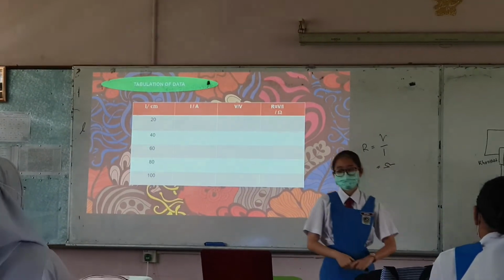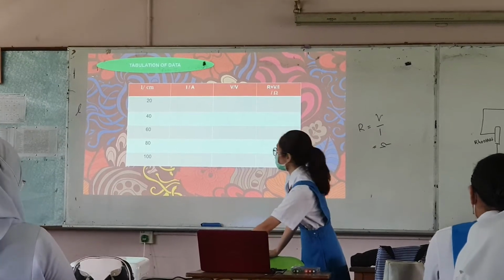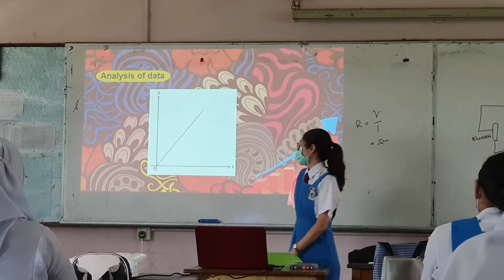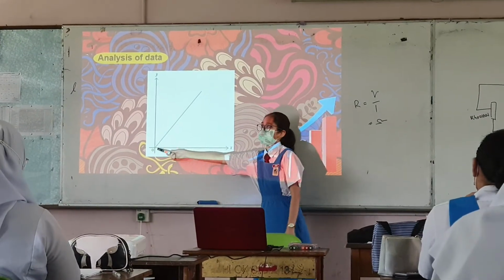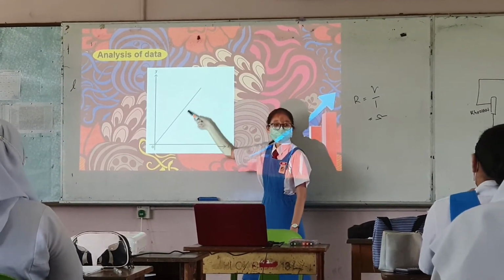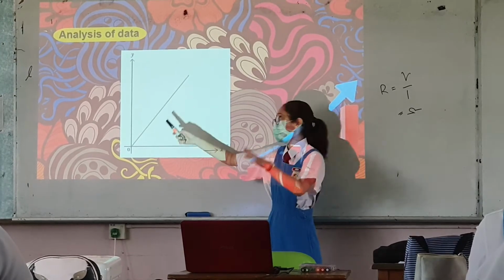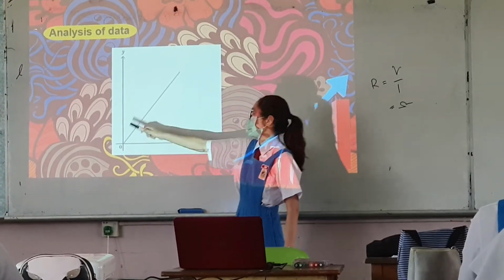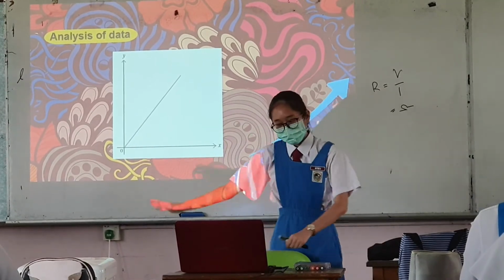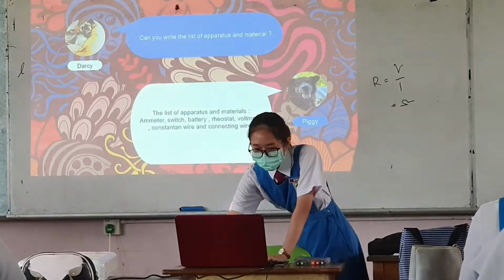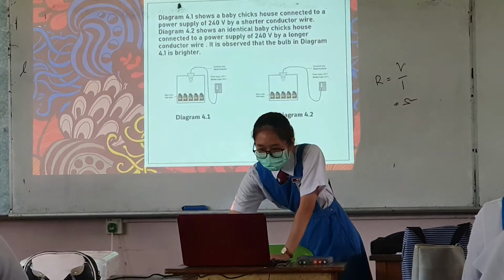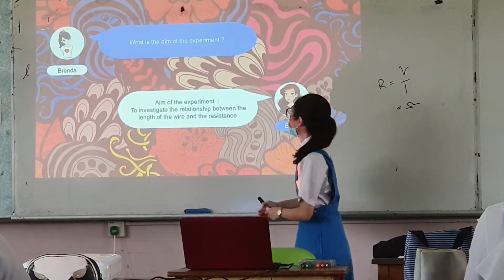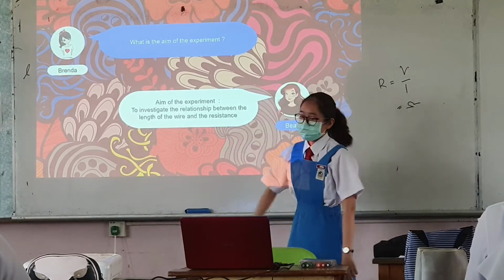Okay, good. And then this is some data. It is like, what do you call this? Directly proportional, yes. Y-axis is directly proportional to x, but what is y-axis and what is x? From here we can see, look back at the end. Length of the wire and the resistance.